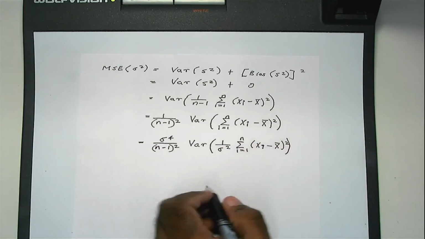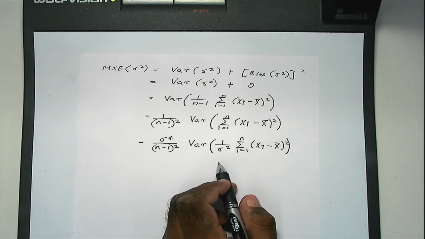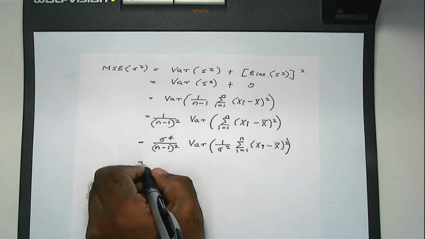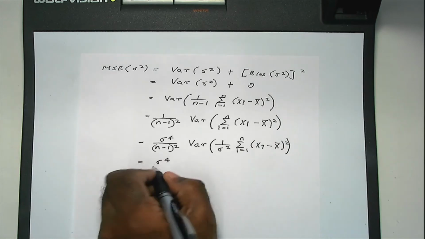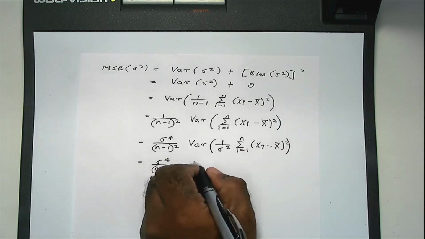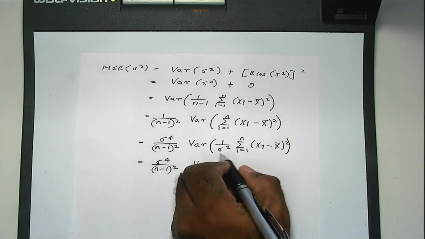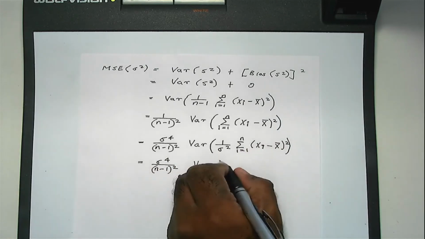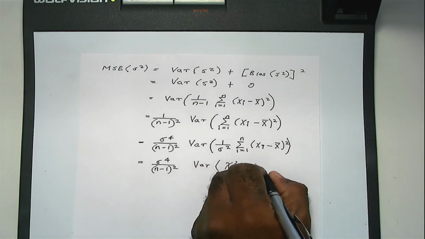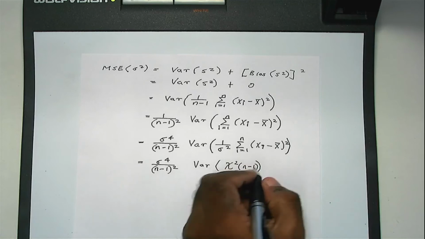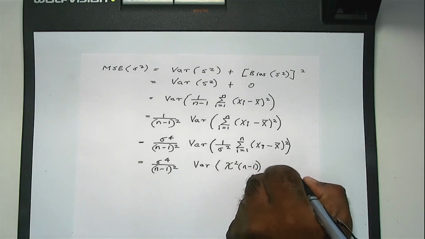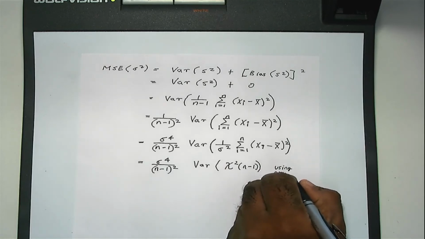Now, using the same property I mentioned in the previous slide, this expression here has a chi-square distribution with n minus 1 degrees of freedom.